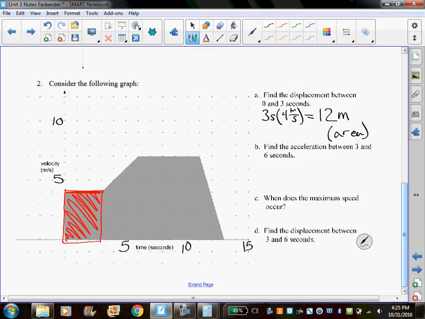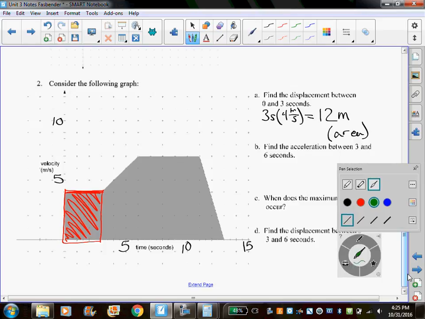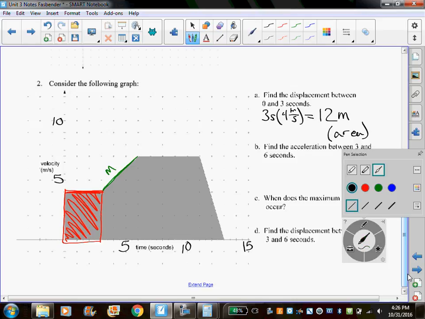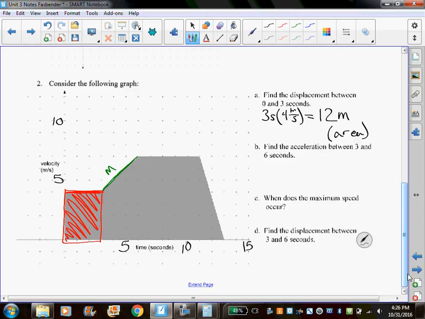Find the acceleration between 3 and 6 seconds. So from 3 seconds to 6 seconds, that's this part of the motion. We need to find the acceleration. And we know that we can find acceleration from the slope of velocity versus time graph. So let's see. This point looks like it is 3, 4.